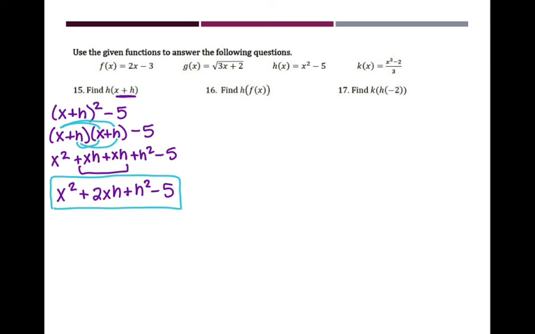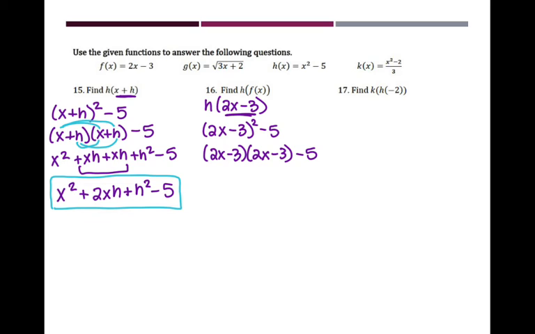16 is a composition. So this is saying h of f of x. So what that means is I'm going to take h of f of x, which is 2x minus 3. So once again, what's in my parentheses, that is what I'm going to substitute for x into my h function, which is this one right here. So once again, I'm going to go ahead and rewrite this. This is 2x minus 3 times another 2x minus 3 minus this 5 over here.